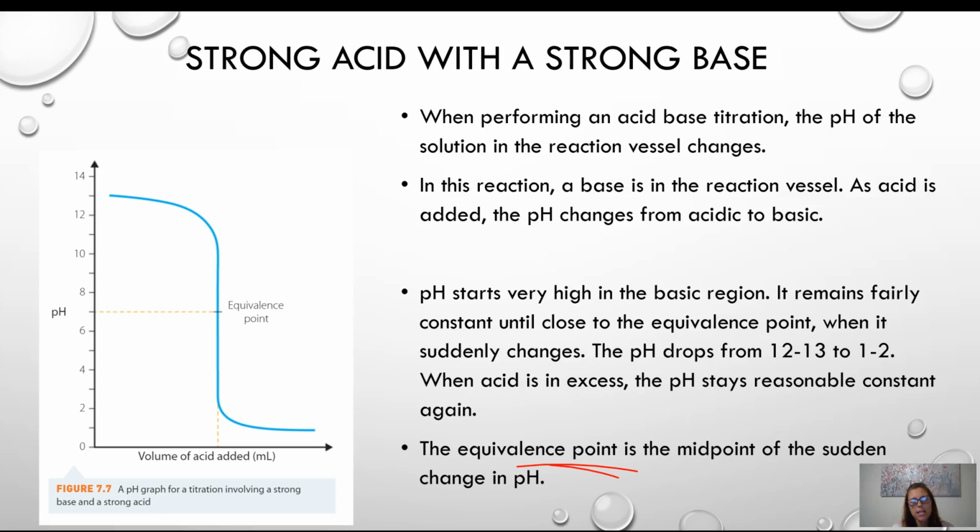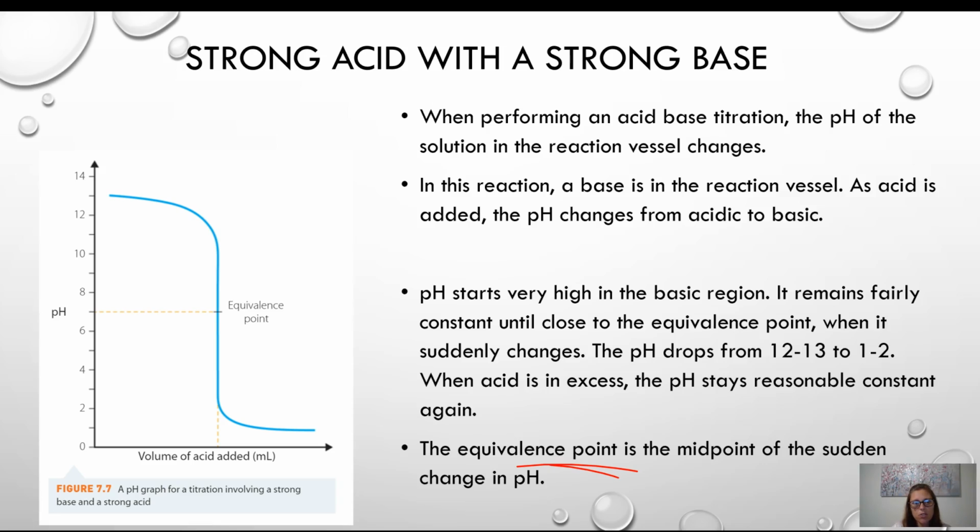We are adding acid to that base solution. As we're adding acid, it's still got excessive amounts of the hydroxide, which is why it's only slightly changing as hydrogen ions come in, neutralizing and forming water. We can see that it's a gradual decrease, and it remains fairly constant until we get fairly close to the equivalence point when it suddenly drops.